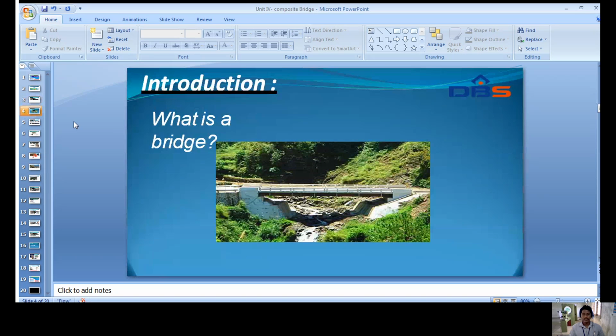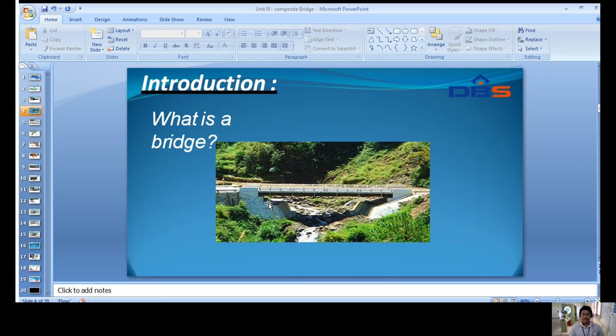What is a bridge? First, let's start from the beginning. What is meant by a bridge, and next we go for what is a composite bridge. Hope you have a rough idea of what is meant by a bridge. It is nothing but a carrier that transfers humans, goods, materials or objects from one part of a section to another part when the road is inaccessible.